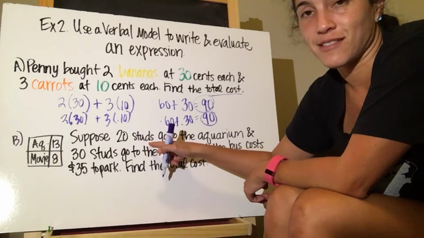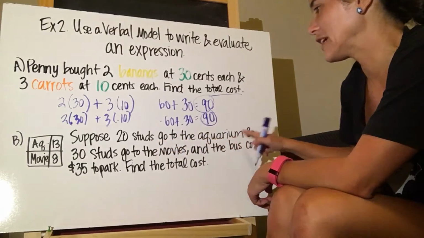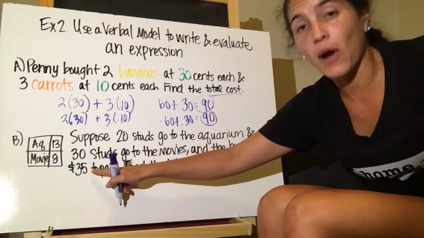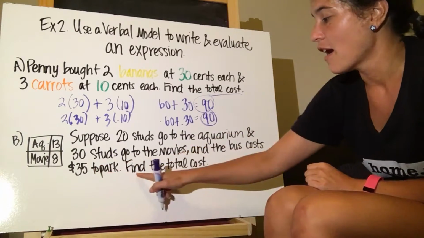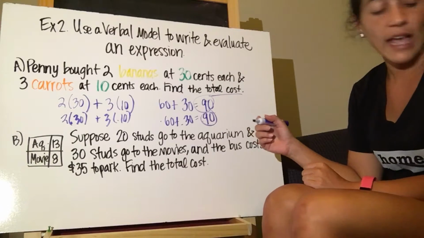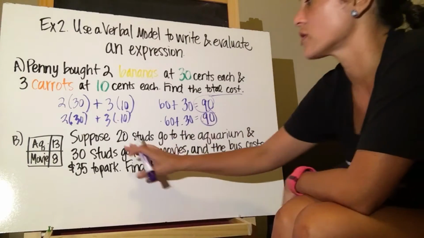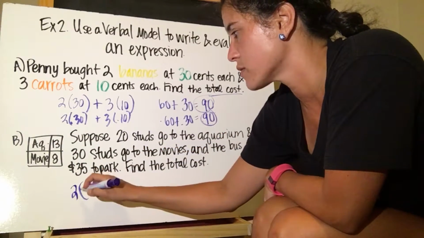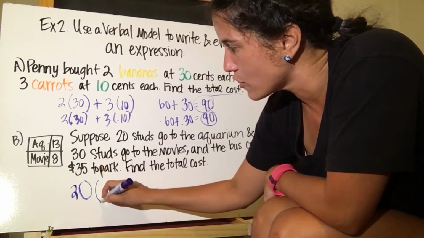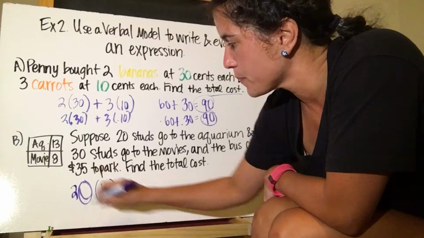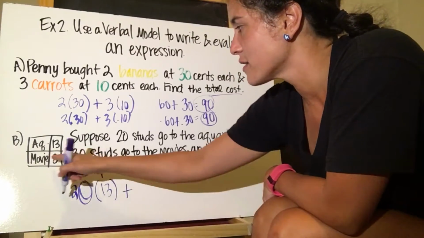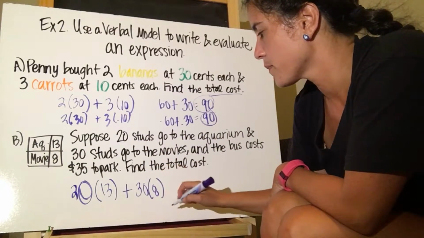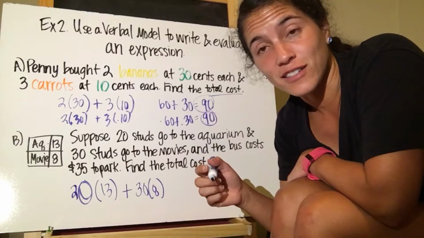Suppose 20 students go to the aquarium and 30 students go to the movies. And the bus costs $35 to park. You know, you have to pay for parking. Find the total cost. So again, we have to combine all of our values. 20 students times the price of the aquarium, plus 30 students are going to go to the movies, and an additional cost of parking the bus.